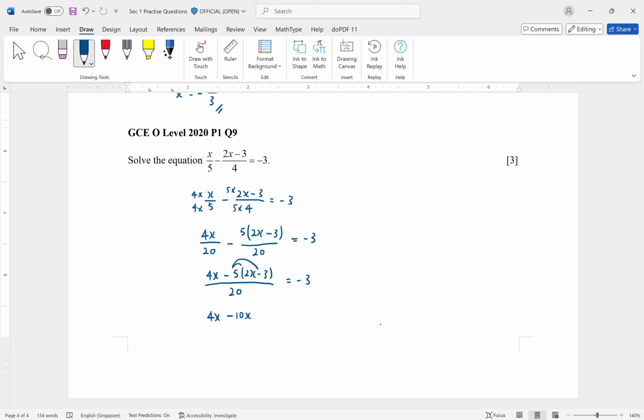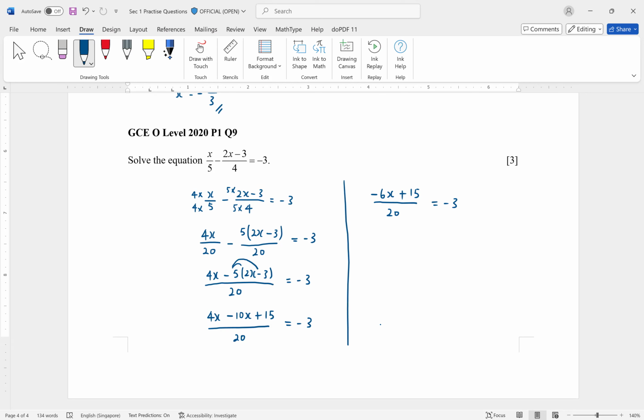Negative times negative becomes positive. Do things one step at a time. We'll continue on this side. So 4x minus 10x, you get negative 6x plus 15 over 20 equals negative 3.